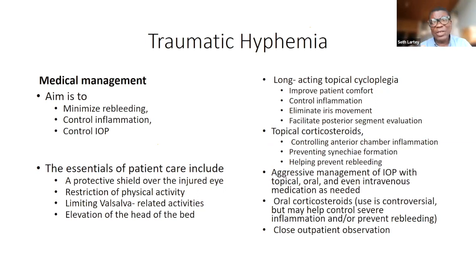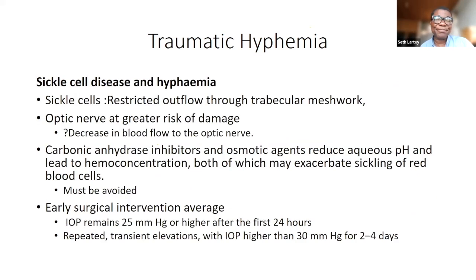Aggressive management of intraocular pressure rise is needed, topical, oral, or even systemic if that needs to be done, and close observation of these patients. You may want to restrict physical activity of the patient, limit Valsalva-related activities like pushing and coughing, and you want the patient to rest and raise their head up.